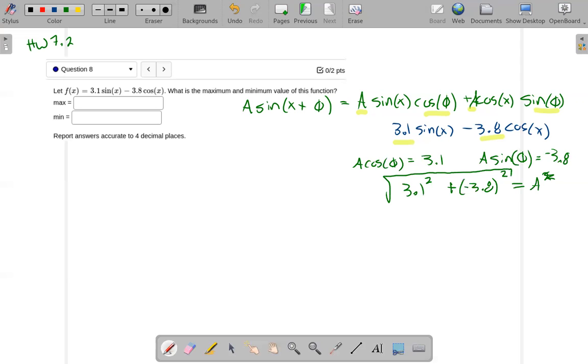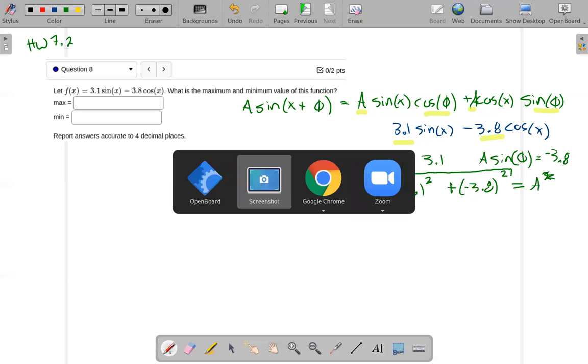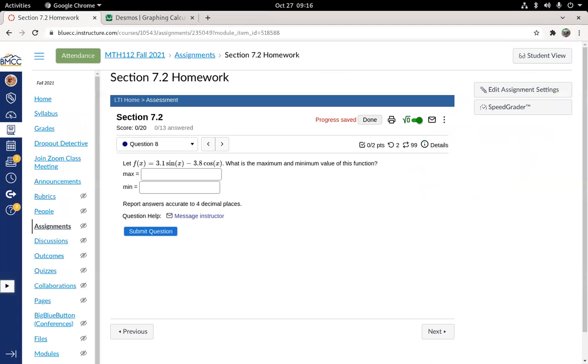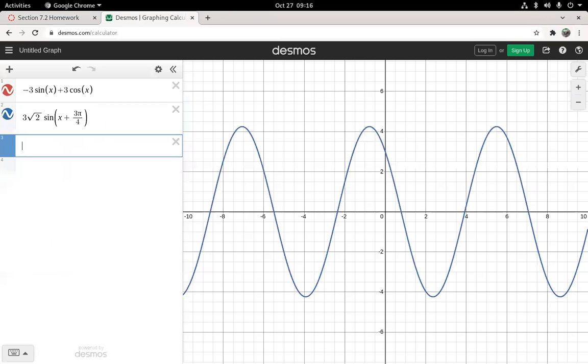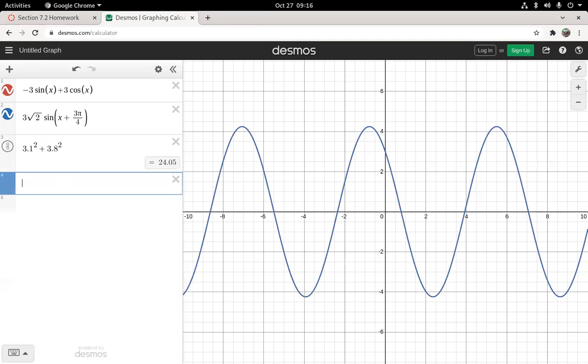So let's get a calculator on that. First, I'm just going to do the inside. So 3.1 squared plus 3.8 squared. And when you square negative, it becomes positive. So square root of 24.05.